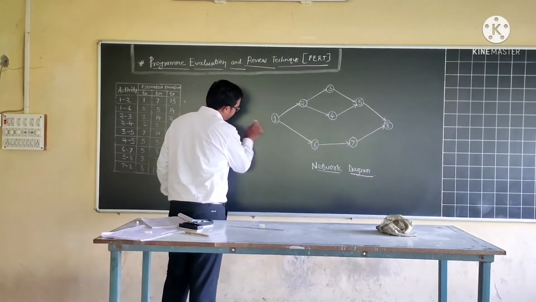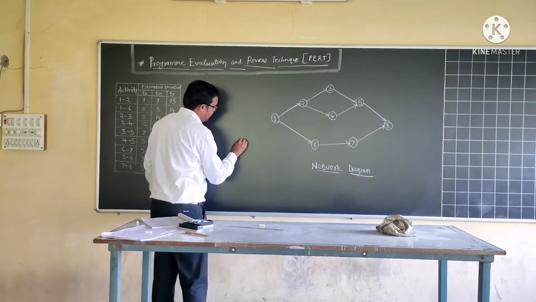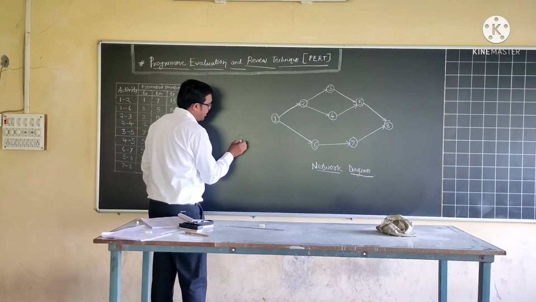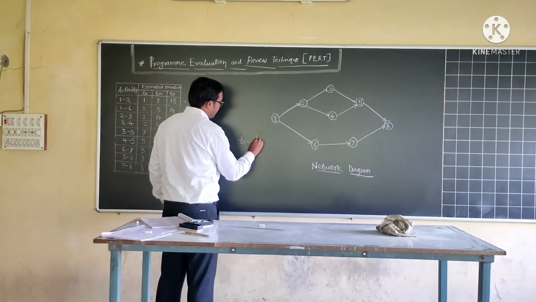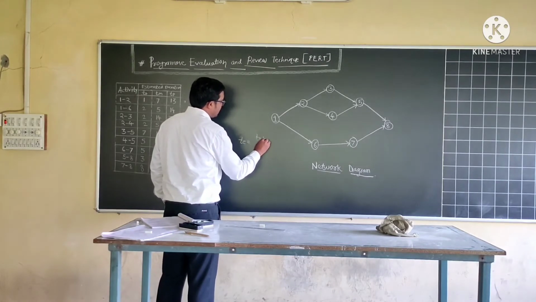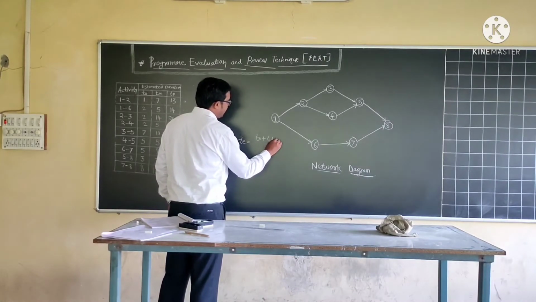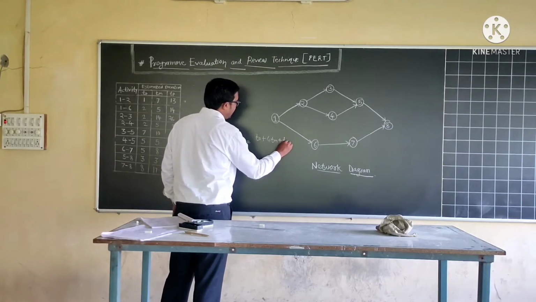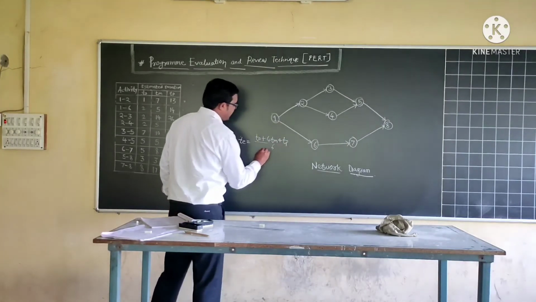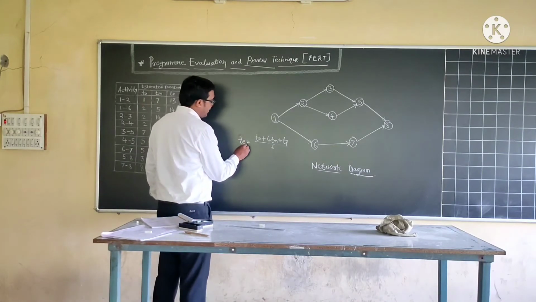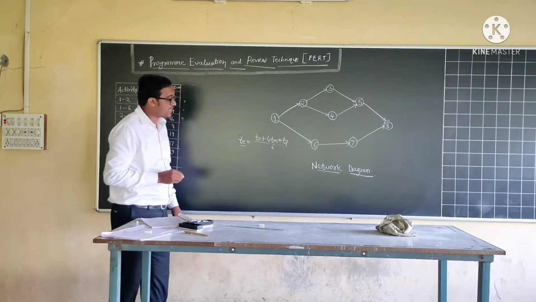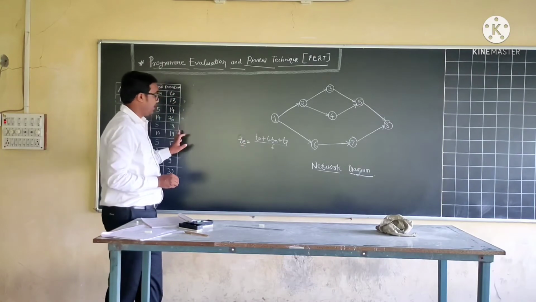All of you know the formula: expected time is equal to TO plus 4TM plus TP divided by 6. This is the formula to calculate the expected time of the given activity.